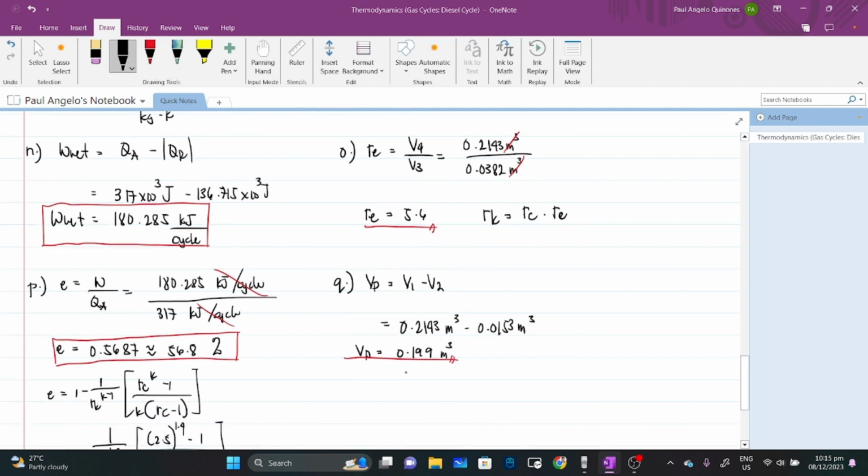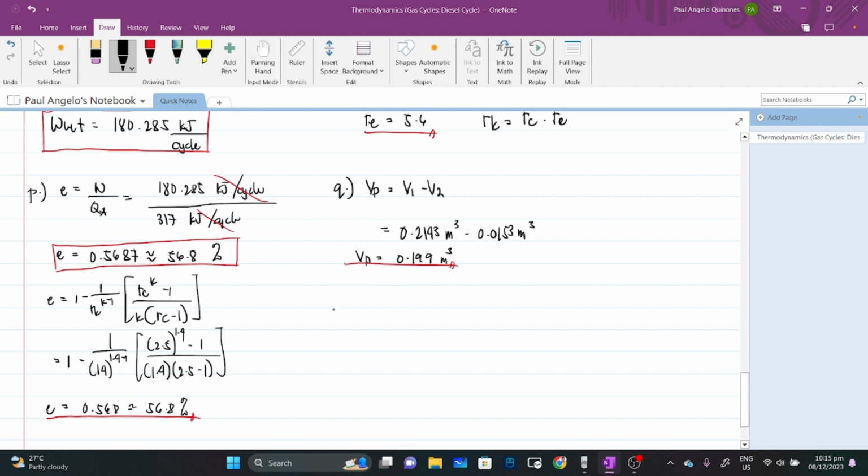Okay, next, for the last one, we can solve for the mean effective pressure, that is given by work over volume displacement. So the work is 180.285 kilojoule over volume displacement, that's 0.199 cubic meters.